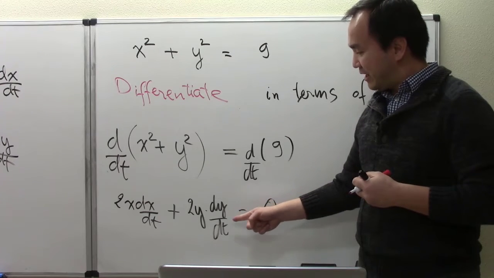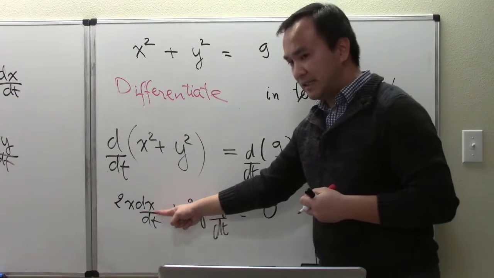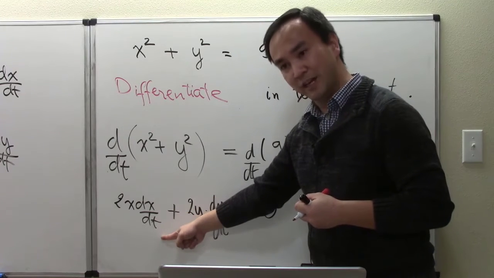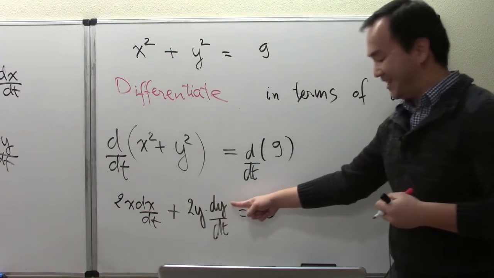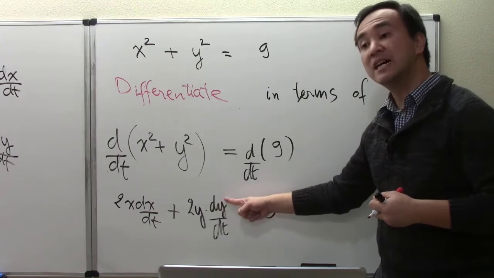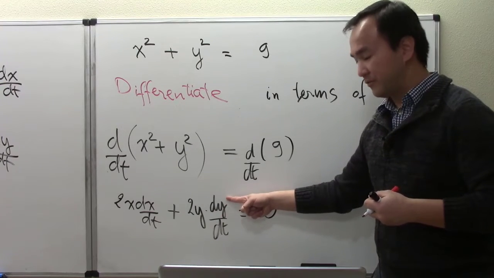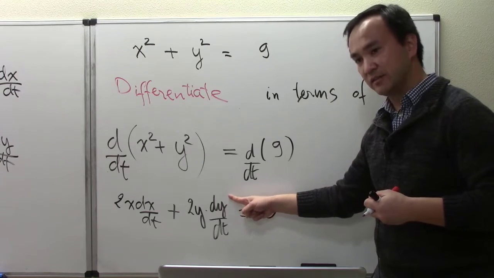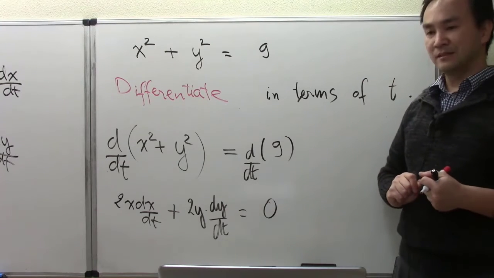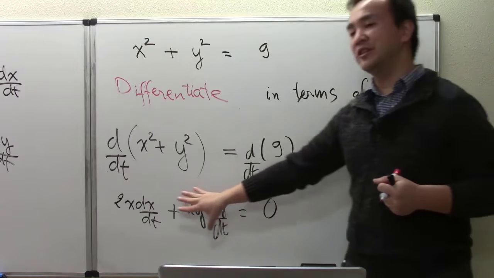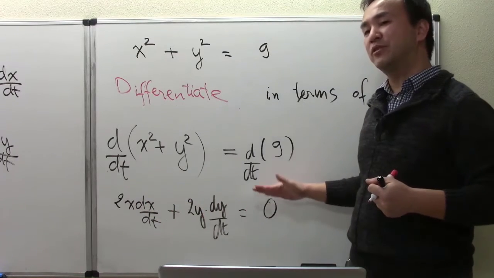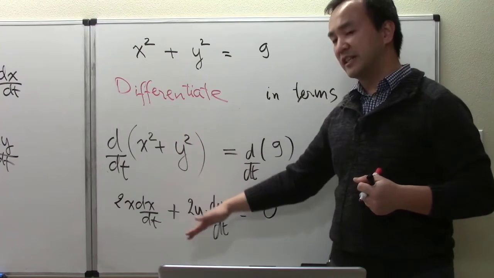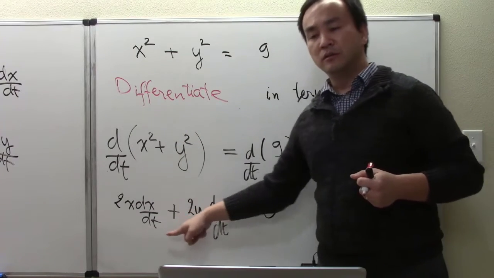And so look right here in our equation. dx/dt is the rate of how x changes over t, and dy/dt is another rate, indicating how y changes over t. So this equation, after we used implicit differentiation, turns out to give us two rates.